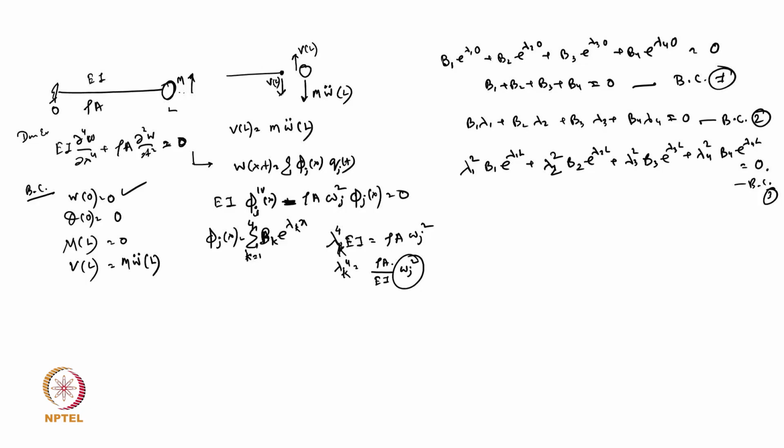So we basically have 5 unknowns: b1, b2, b3, b4 and omega_j. Agreed? So we have 3 equations this way, and the last equation is BC4. Here we have to multiply with EI, because M is nothing but EI times this.